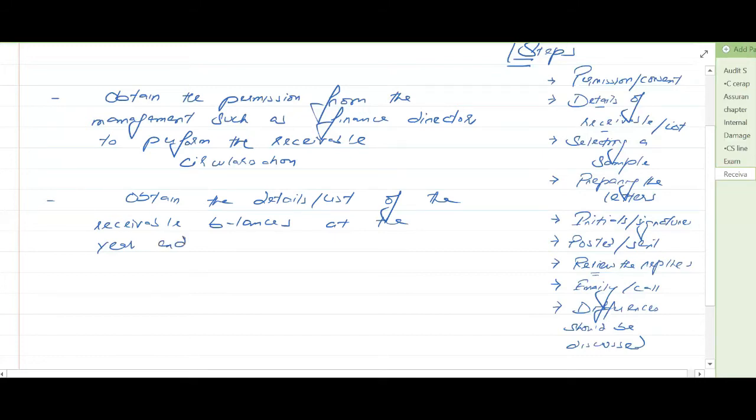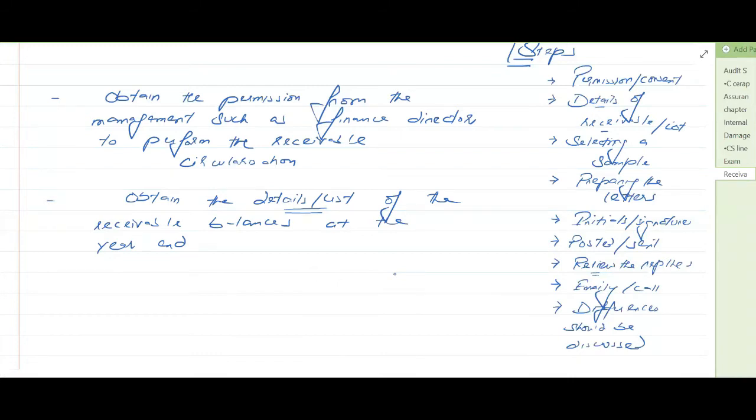This is the second step. And we know from our accounting concepts, something you should remember, that these are the individual balances, also known as the subsidiary ledgers, the details.